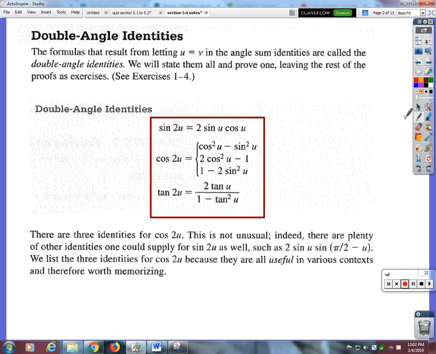Well, these are all u's, so you should be all right. But you can change them all to x's if you want. Anyway, and then tangent of 2u is a little bit tricky as well. You will see sine of 2u and cosine of 2u maybe 5 times more in your life as a math student.